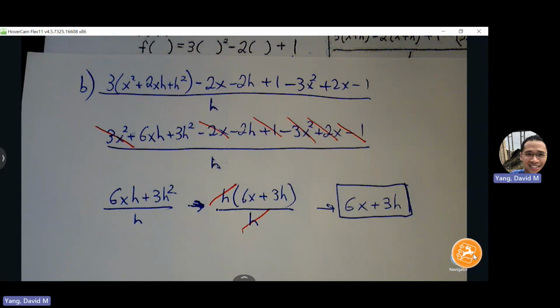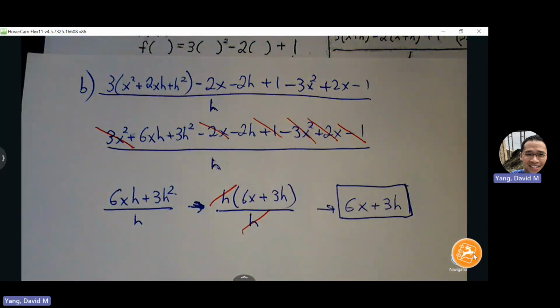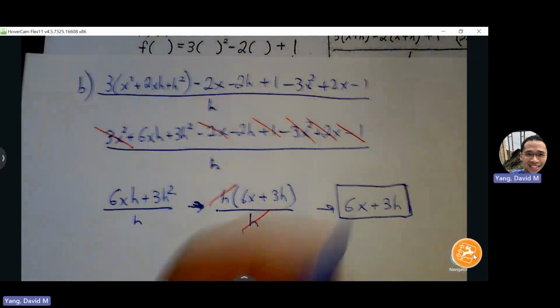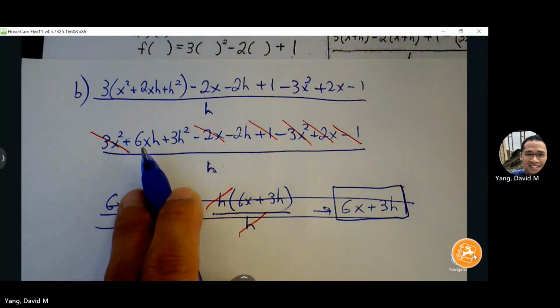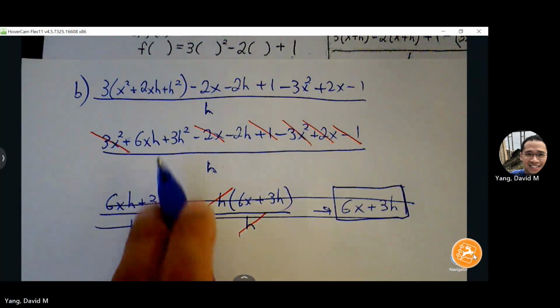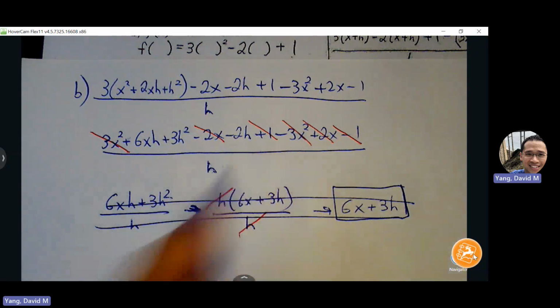Okay, I was a little bit off. Wait, I think I may have missed something here. Oh, sorry, there's a minus 2h here that needs to remain. Let me try again. So 6xh plus 3h squared minus 2h. Try again.